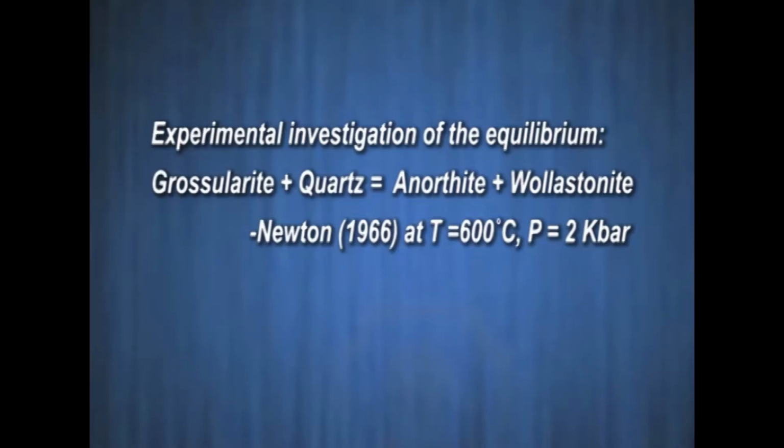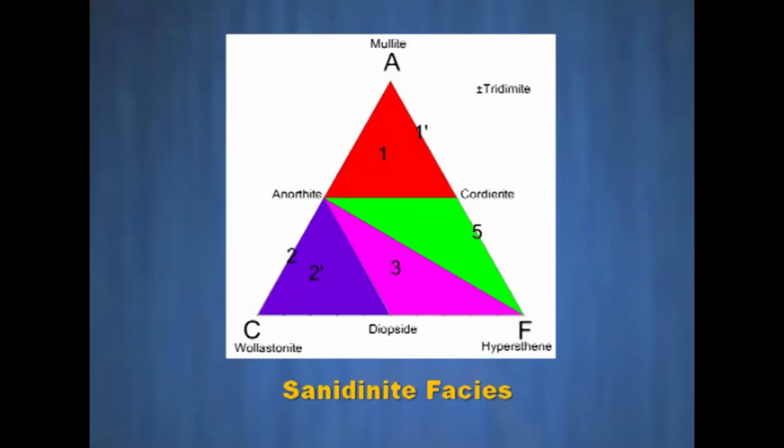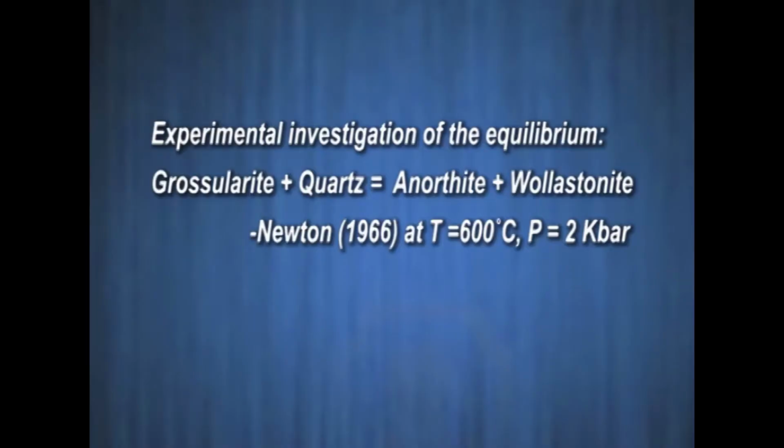Experimental investigation of the equilibrium grossularite plus quartz giving rise to anorthite plus wollastonite is an indication of the breakdown of grossularite.